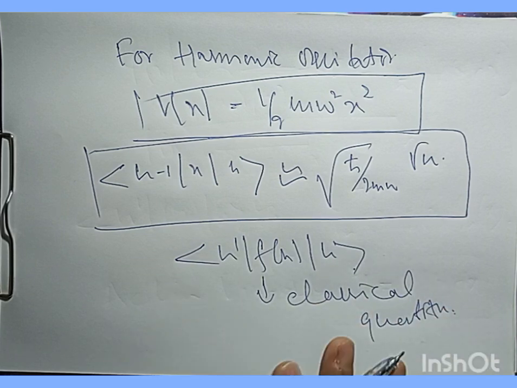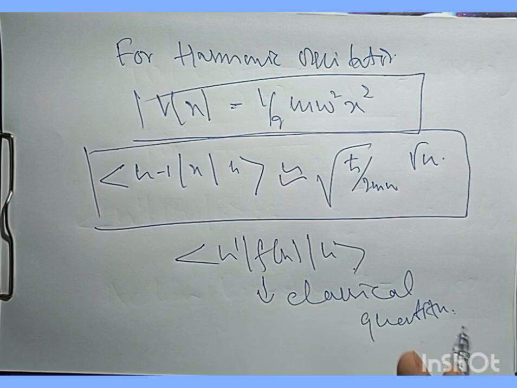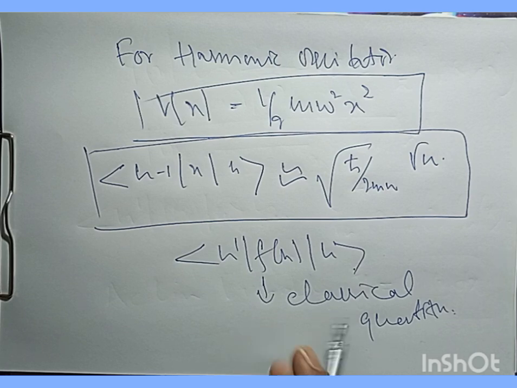The wave functions are approximated within the quasi-classical approach. And the matrix element depends on classical quantities like action variables and the amplitude of classical oscillations.